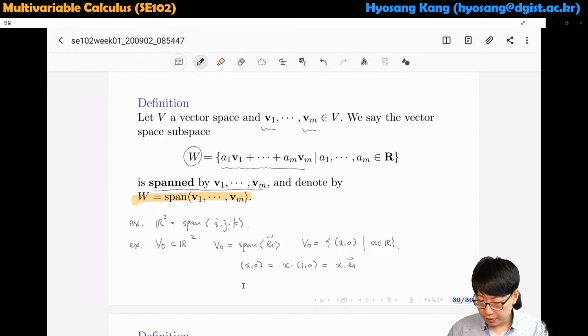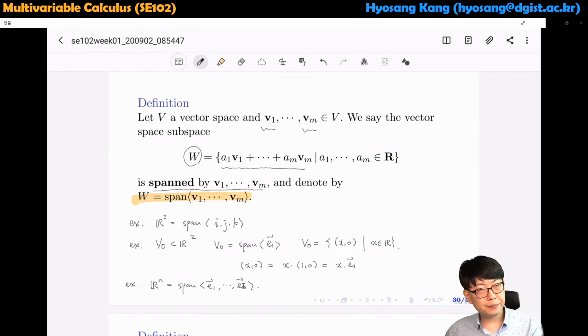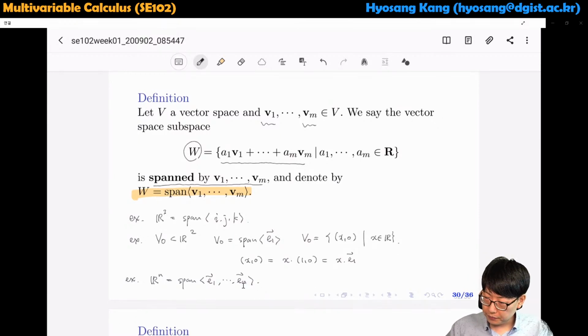So we can rewrite this. And in general, when you have an n-dimensional vector space, then this is always spanned by E1 to En, and so on.